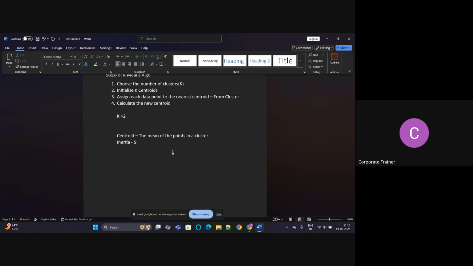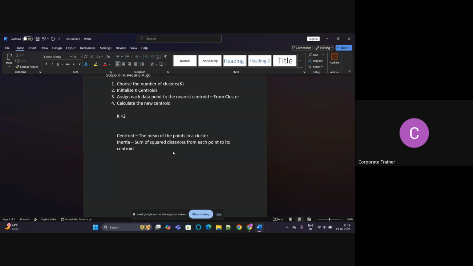I'm writing here: sum of squared distances from each point to its centroid. That means lower is better here.